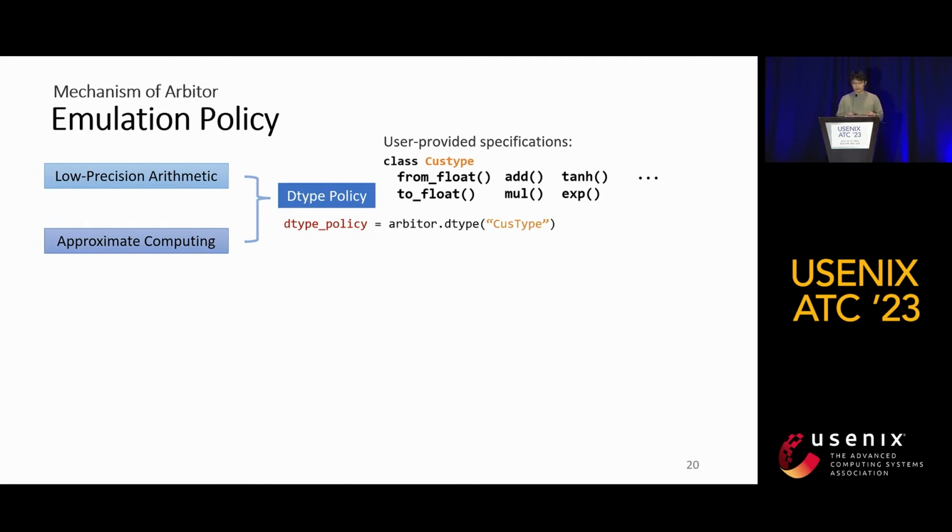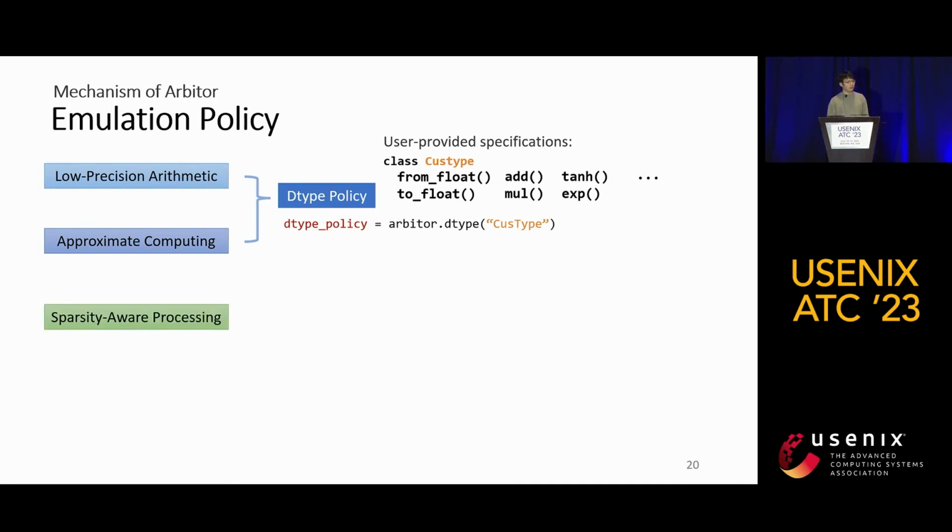There are only a few such operations for users to choose to implement. Arbiter makes very few assumptions about the data format or the approximate computation operation. Therefore, it could support a wide range of arbitrary numerical formats and customized operation implementations.